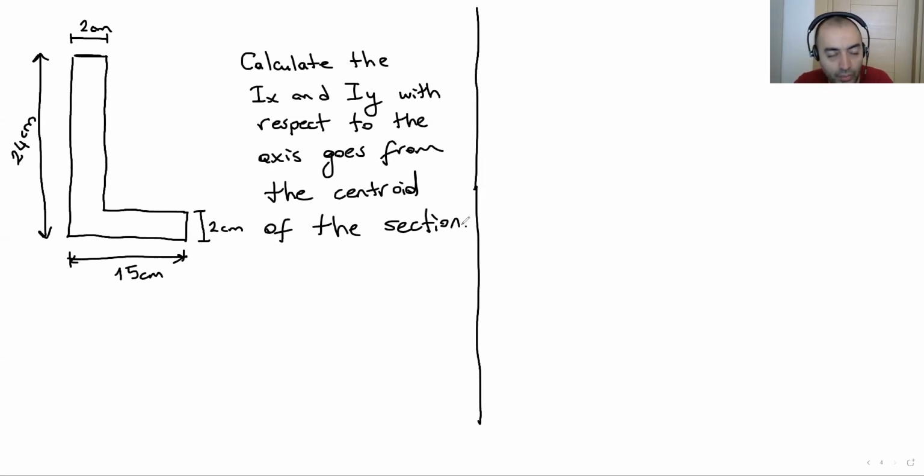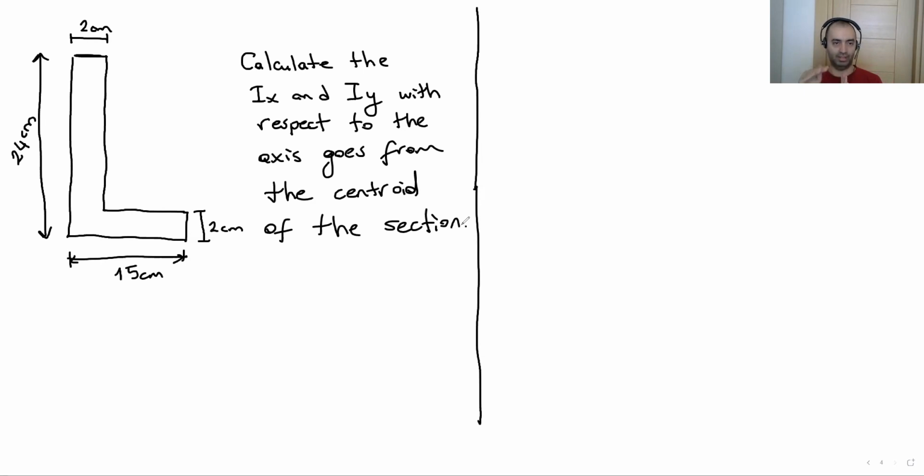Okay. What we have. So there is no axis system on the section, as you can see. But the question says to us, okay, find the centroid and put an axis system to that centroid point, x and y axis.